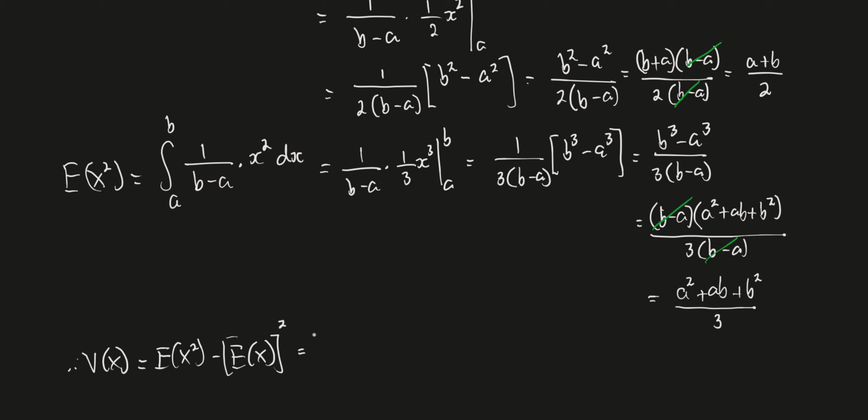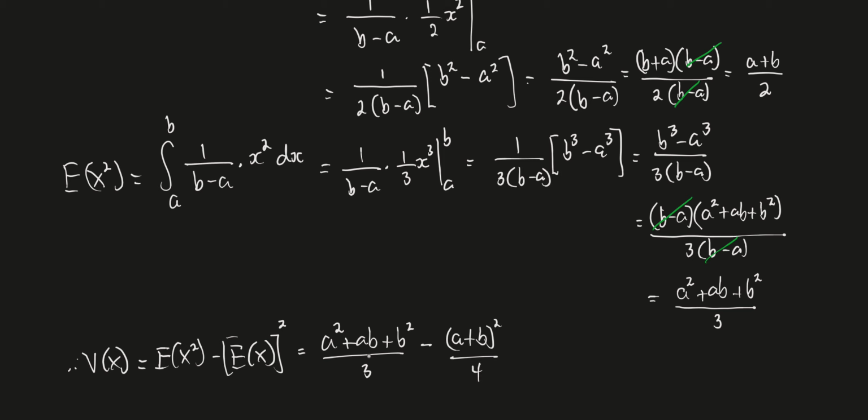So we have this expression, a squared plus ab plus b squared all over 3, and then I have to subtract this quantity squared, so minus the quantity a plus b, squared, all over 4.